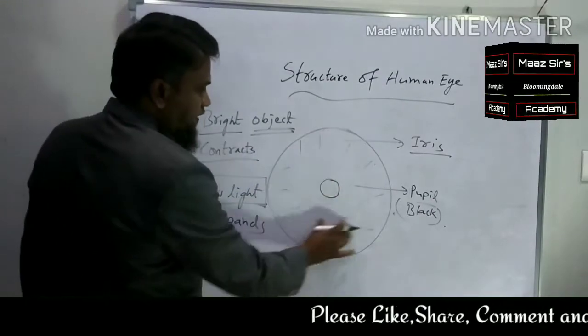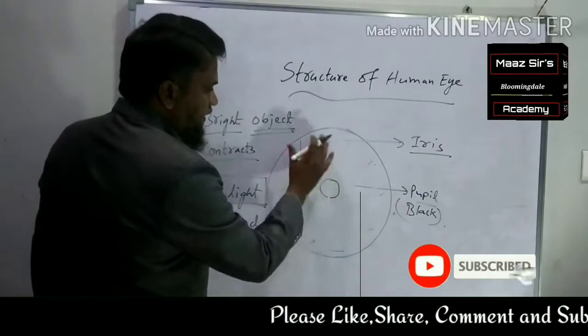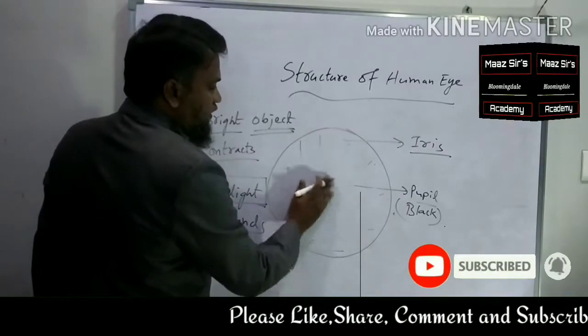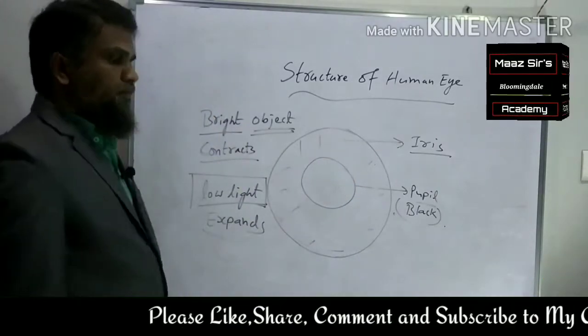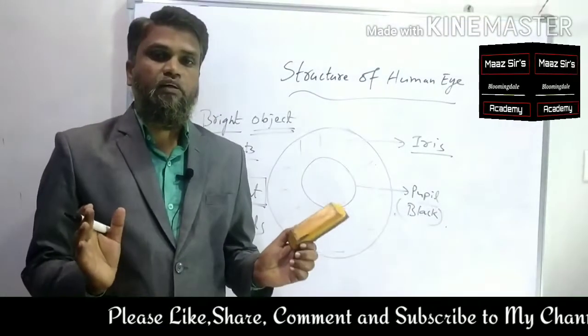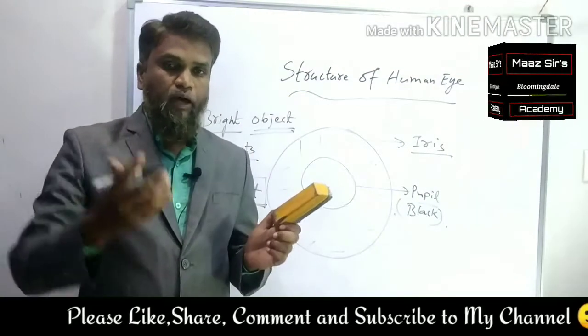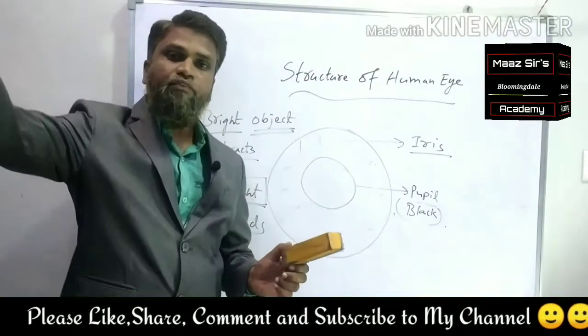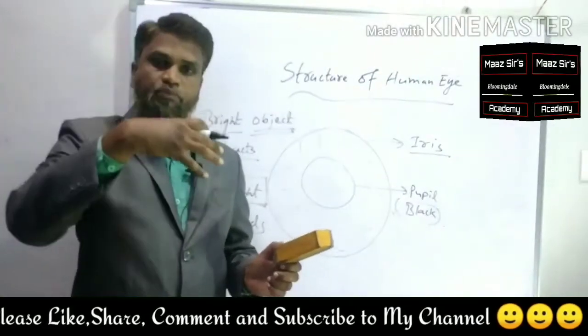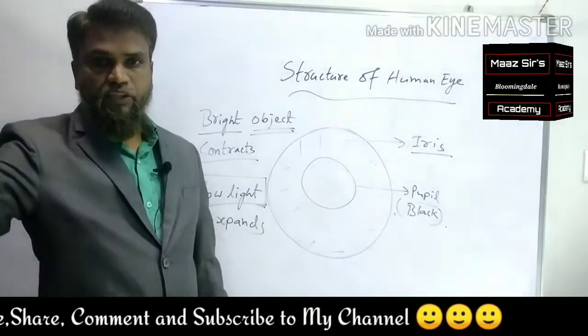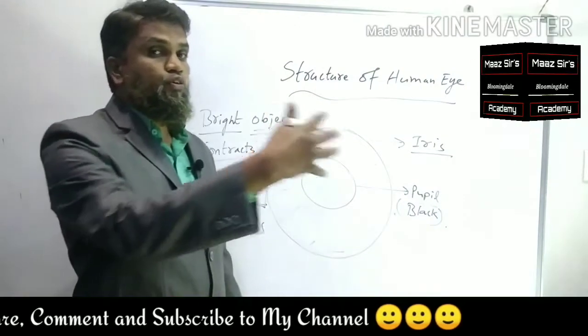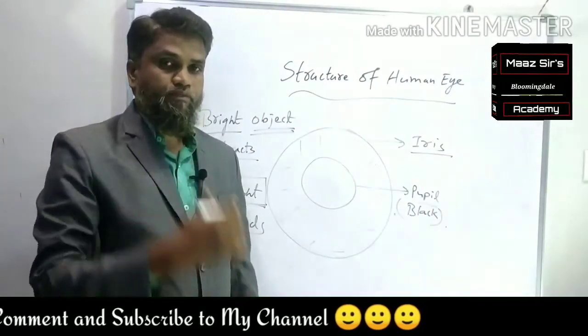When the iris, which is around the pupil, expands, the pupil appears big. When the pupil is big, more and more light will enter into the pupil. So that's why we are able to see blurred images, even though there is no power in your house.